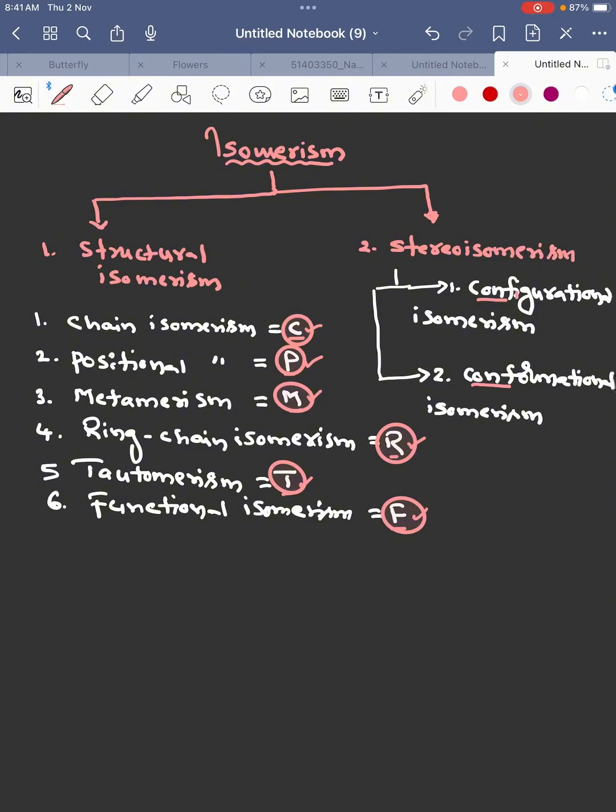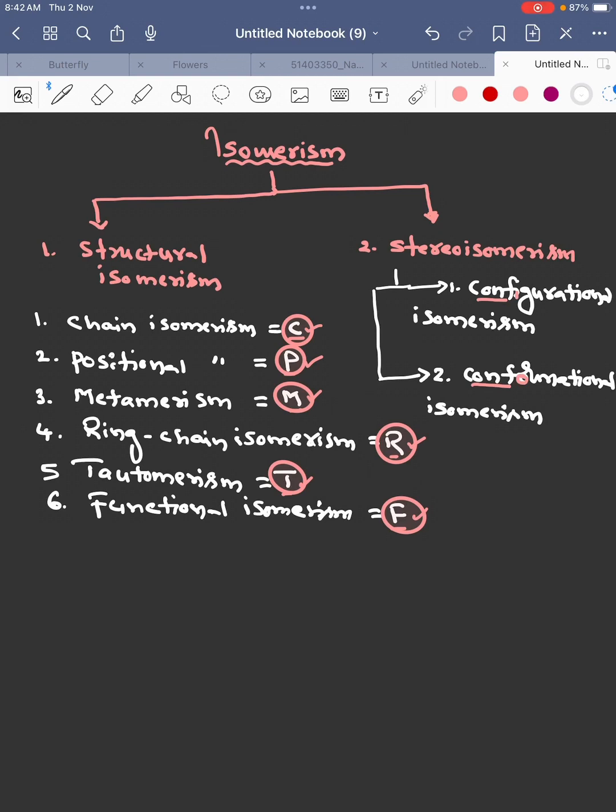I comes first, next O. In that way we can remember easily. So stereoisomerism has two types: configurational isomerism and conformational isomerism. These are the types of isomers.